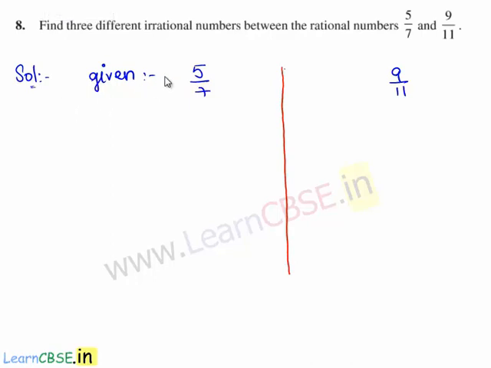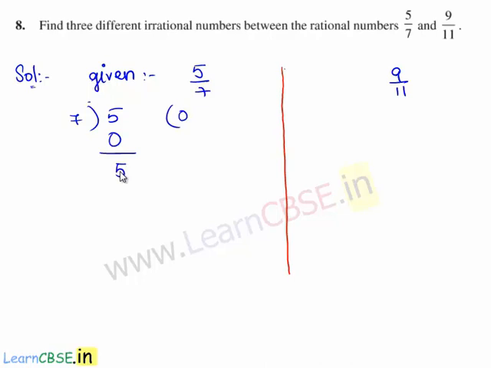So let us consider 5/7. So we divide 5 by 7. Therefore, 7 is the divisor and 5 is the dividend. 7 does not go in 5. Therefore, we take 0. 7 times 0 is 0. So 5 minus 0 is 5.